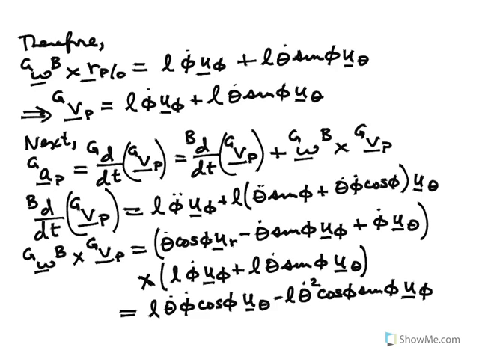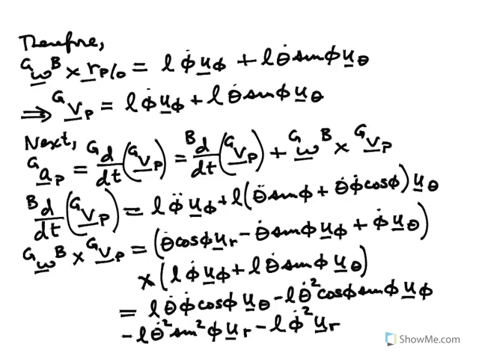Then u phi crossed with u phi is 0, u phi crossed with u theta gives me minus L theta dot squared times the sine squared of phi times u r, and then u theta crossed with u phi gives me minus L phi dot squared times u r, and then u theta crossed with u theta is 0.